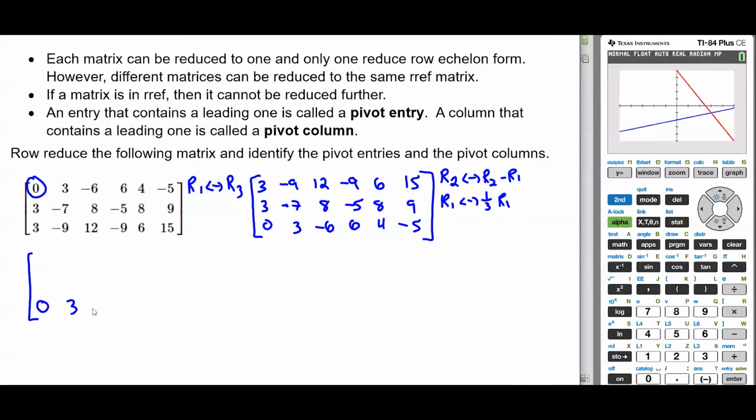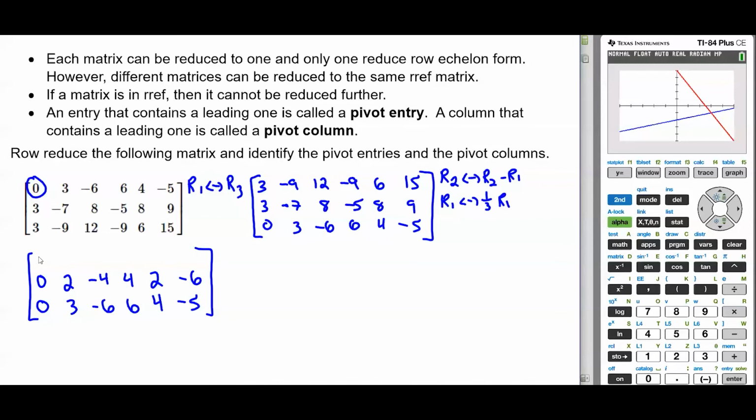So let me write down the third row. And the second row is going to be row 2 minus row 1. So 3 minus 3 is 0. -7 plus 9 is positive 2. 8 minus 12 is -4. -5 plus 9, that's going to be positive 4. 8 minus 6 is positive 2. 9 minus 15 is -6.